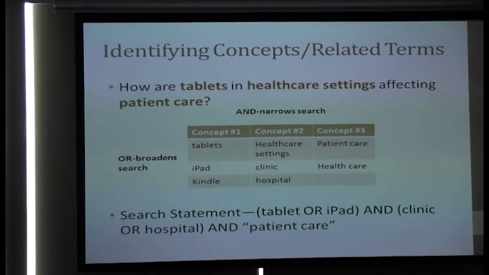And then the little table in the center, I actually redid it this morning because it was making more sense in this way. With the different concepts, you should find some synonyms or related terms. So with tablets, I put iPads or Kindles. Concept 2 would be healthcare settings, so you could do different areas, clinics or hospitals or whatever. And then patient care or health care.